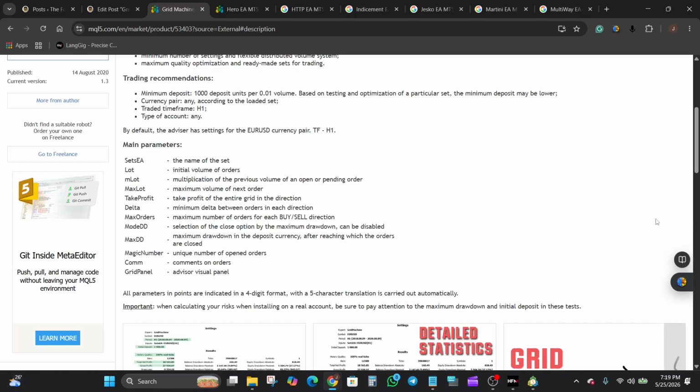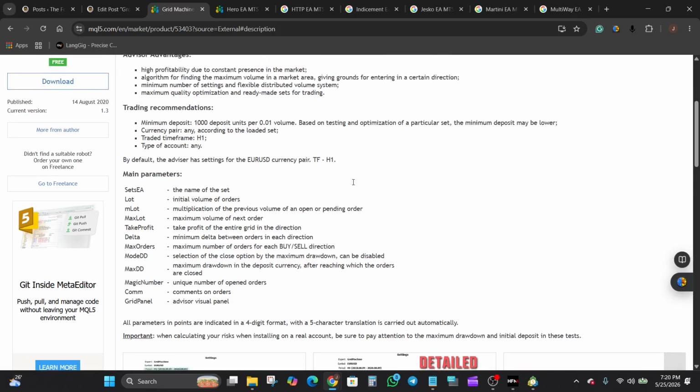Now, moving into the backtesting view, I'm now going to be looking at how the EA behaves historically on the chart. This is where you can really observe how the grid structure reacts as price moves through different phases of the market.